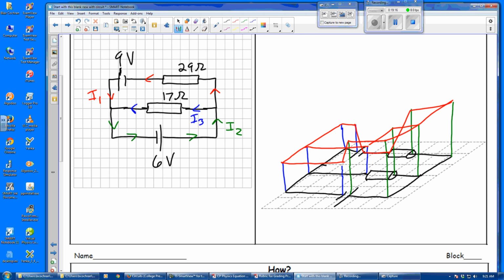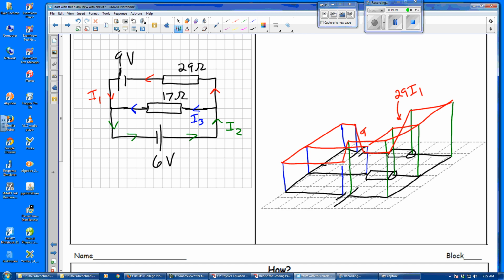So I'm picking the other direction for my I3. And good. That's what it would look like. And this would be labeled as, I read, this is 9 here. This slope here is going to be 29 I1.